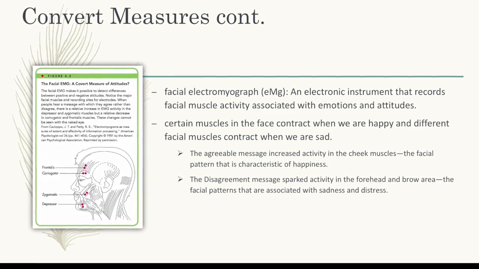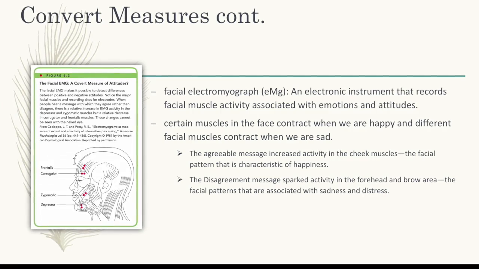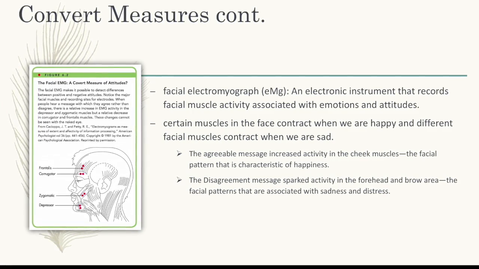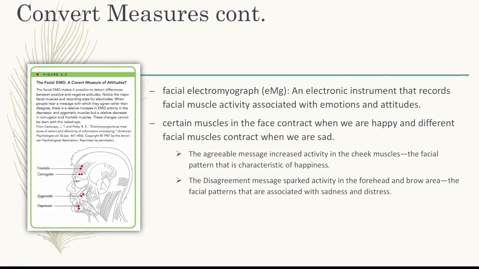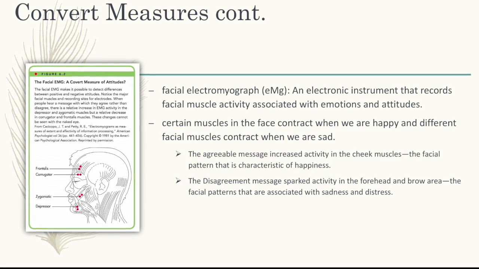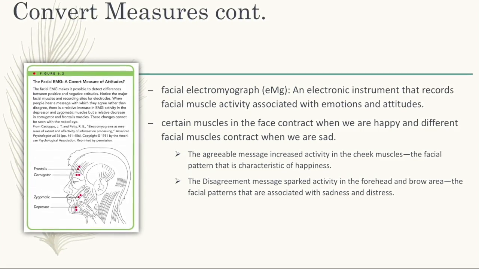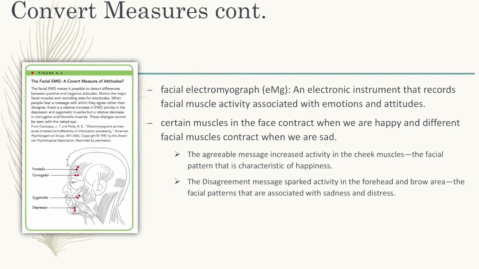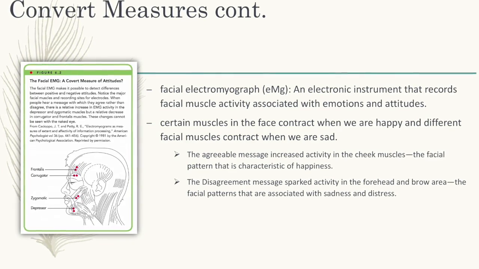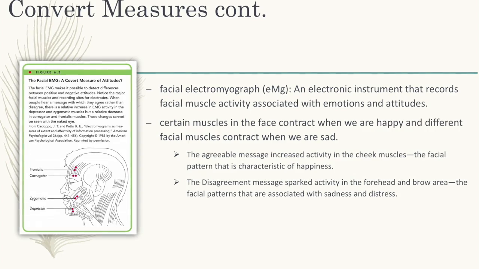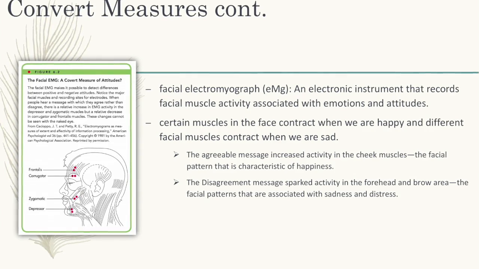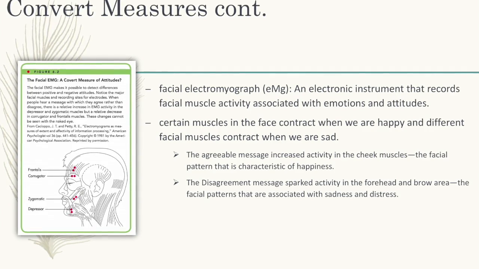We have the cheek muscles that are linked to happiness. Whenever we are happy, we demonstrate a smile, and that is affiliated with the cheek muscles. Versus when we are upset or distressed, we demonstrate facial patterns in our foreheads and our brow area.